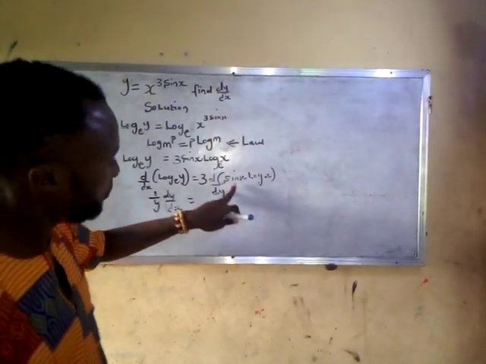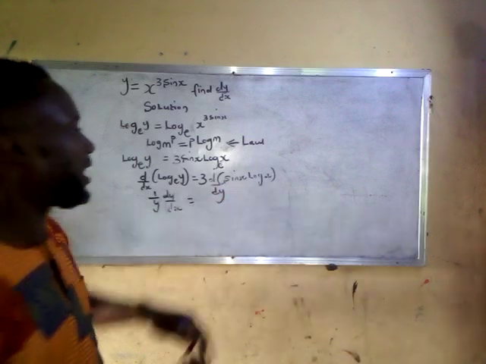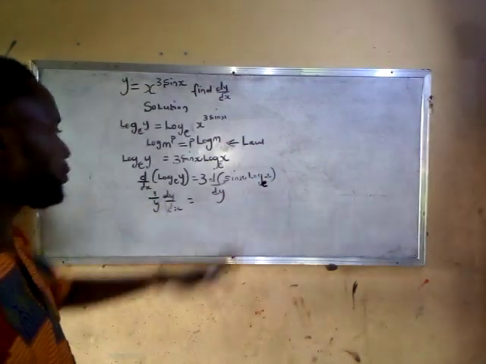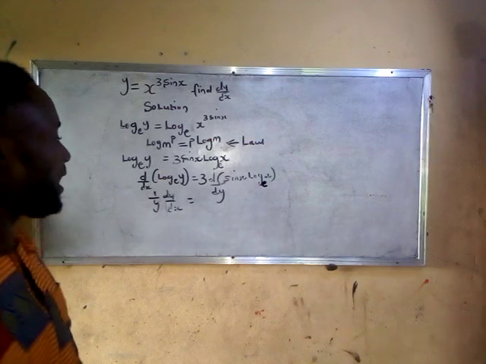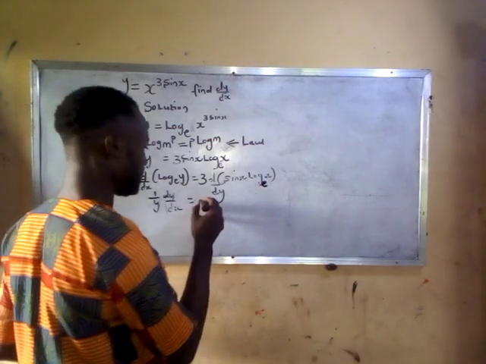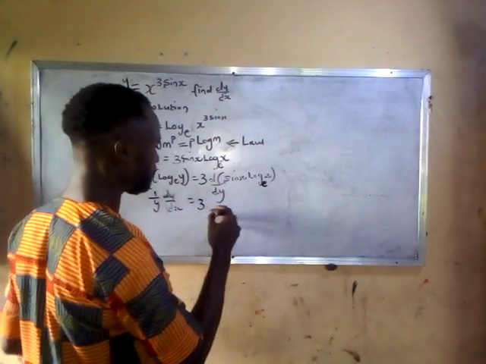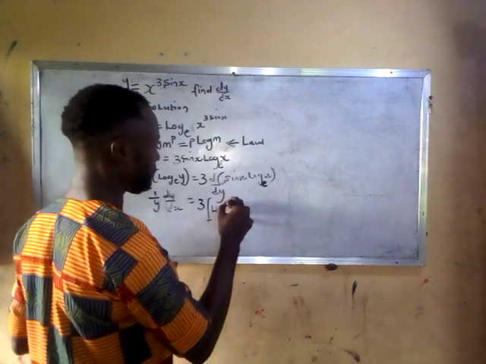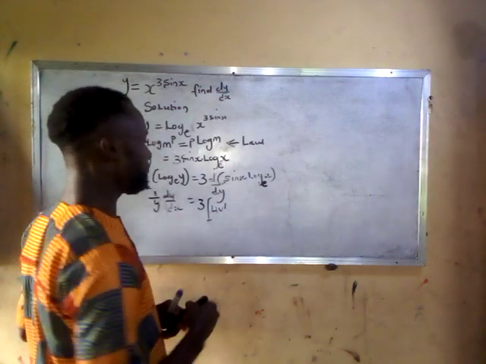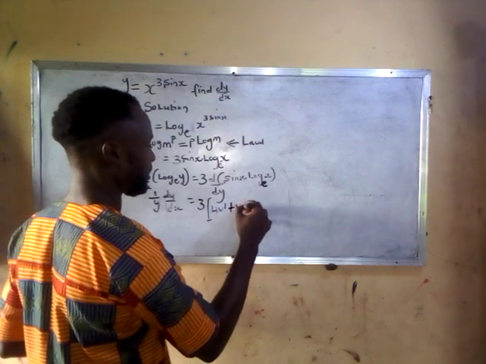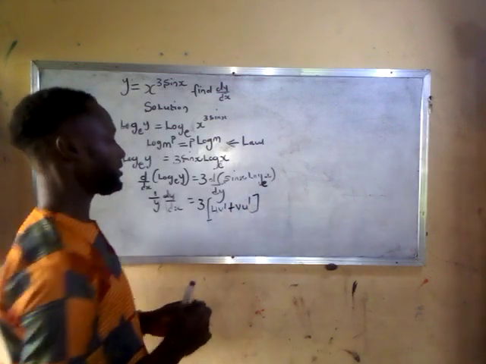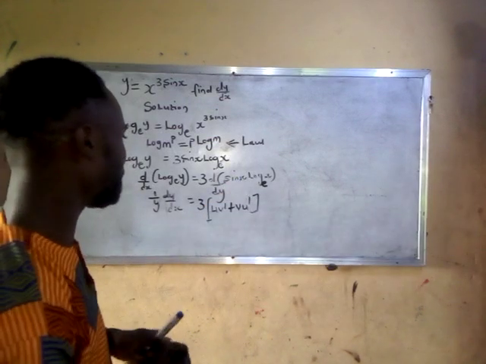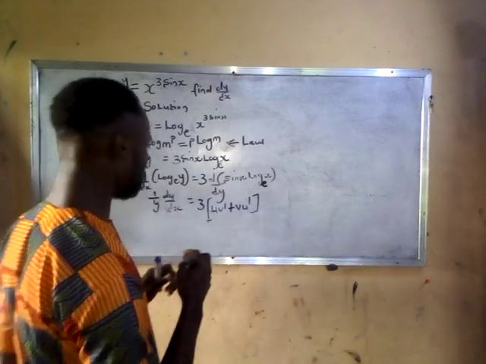Looking at this now, we have sine x and the natural log of x. We are going to use the product rule to differentiate this, and our product rule is keep u, differentiate v, and keep v, differentiate u. That is it. So we are going to apply this now.